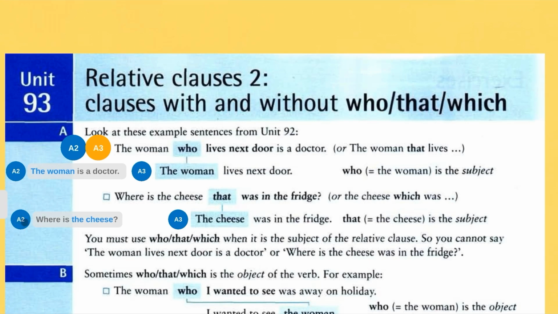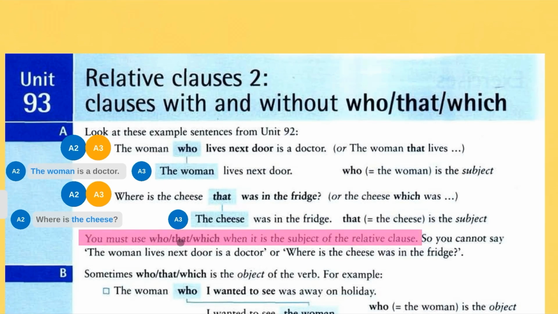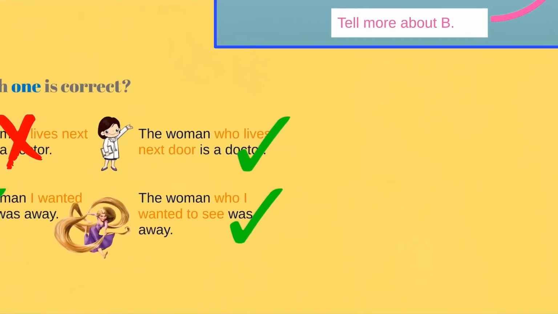By combining A2 and A3, it becomes where's the cheese that was in the fridge. And A3 becomes a relative clause, that was in the fridge. If the relative clause is telling you more about the subject, you must use who, that, or which in the relative clause. So, that is the reason.